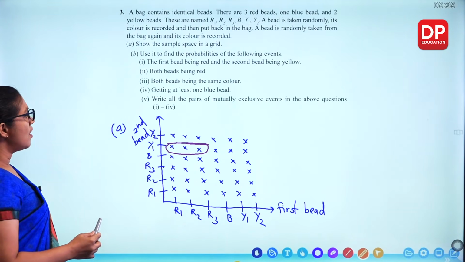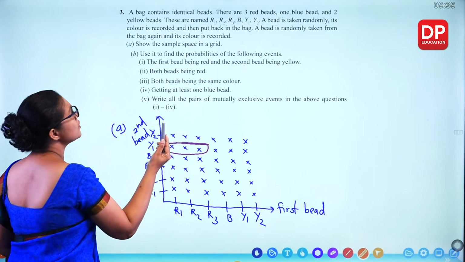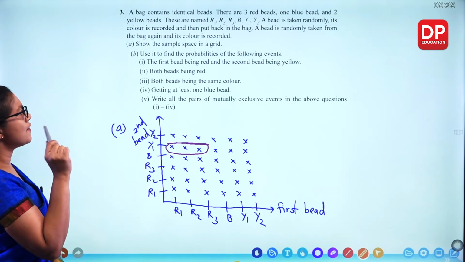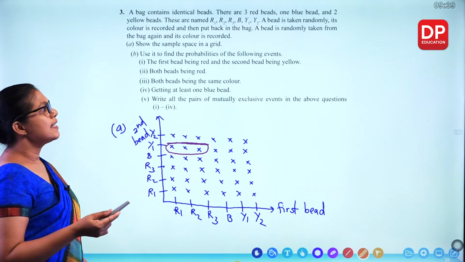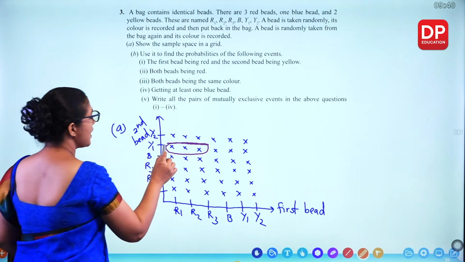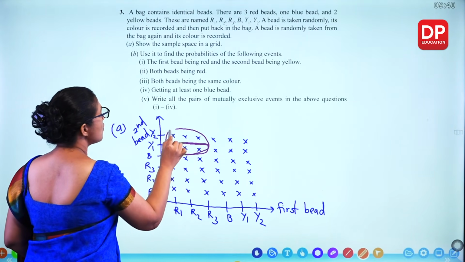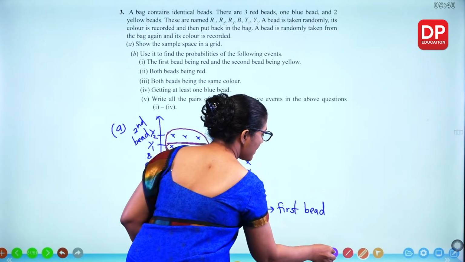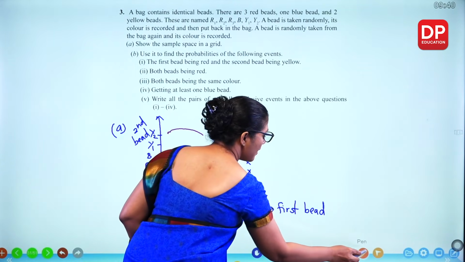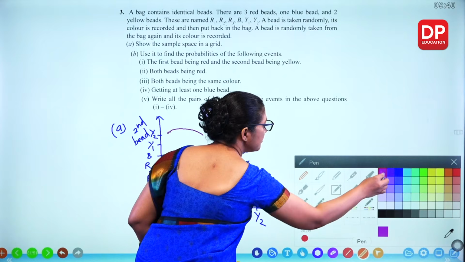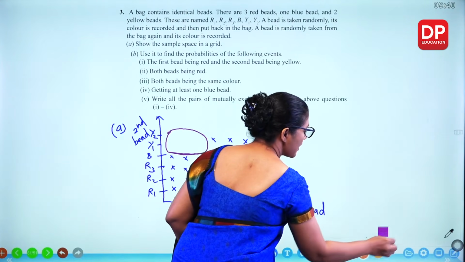R1 with yellow as well, I can get that, because it says first bead is red and the second bead is yellow. So I can draw this as well. So I can altogether draw this whole part. I'll erase this line and this whole thing, I'll mark it again.